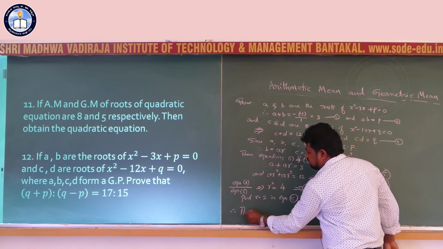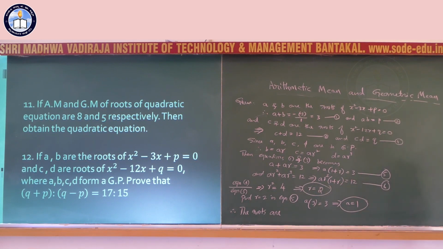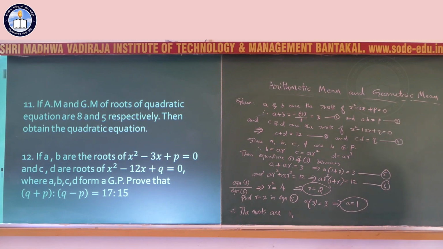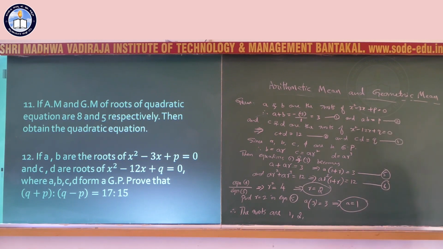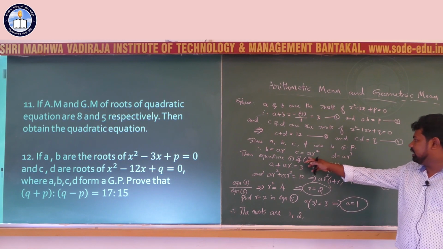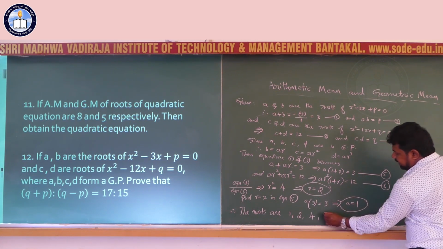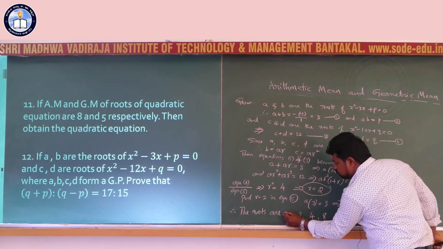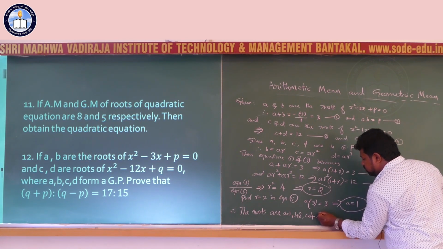Therefore, the roots are: first root is A, 1; B is AR, 1 into 2, that is 2; C is AR square, 1 into 2 square, 4; and D is AR cube, 2 cube, 8. Therefore, A equal to 1, B equal to 2, C equal to 4 and D equal to 8.